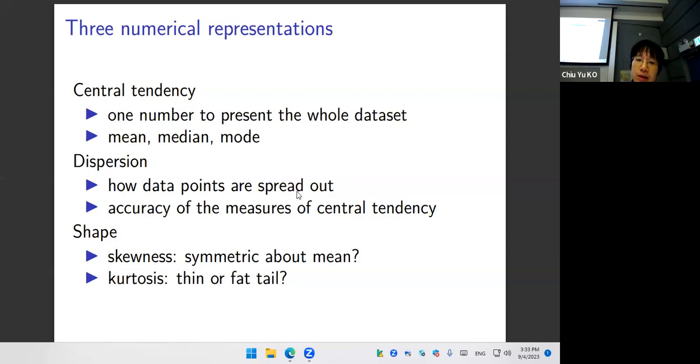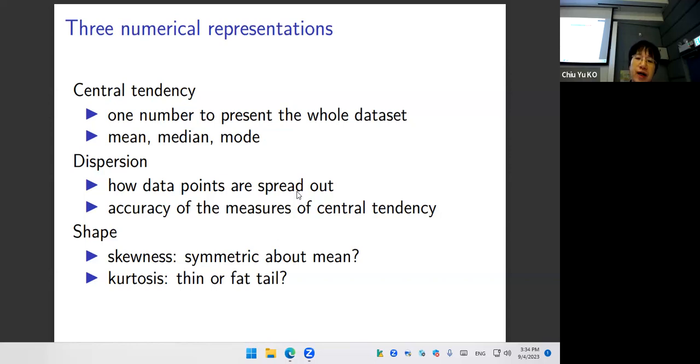Okay. And the second one is dispersion, which essentially is saying how accurate your central tendency is. If you give me a mean, how representative your mean, median, or mode is depends on how large the variation within the data is, how they're spread out.